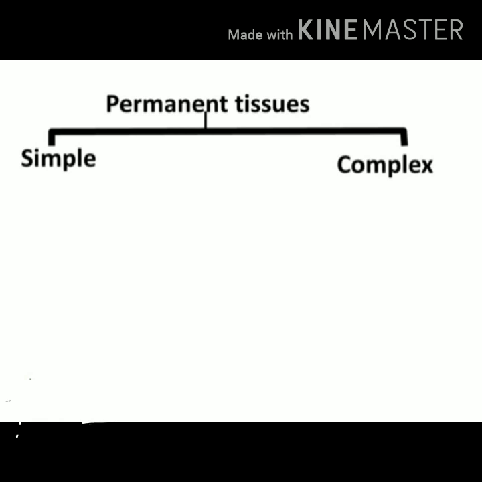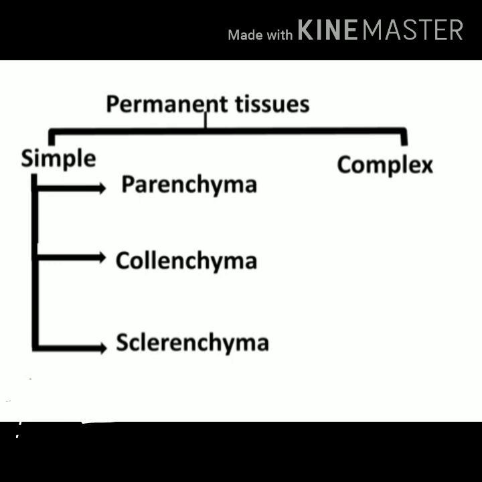Few permanent tissues are made of one type of cells which look like each other and are called simple permanent tissues, whereas complex permanent tissues are made of more than one type of cells. These cells coordinate with each other to perform a common function, and we will discuss more about them in our upcoming video.